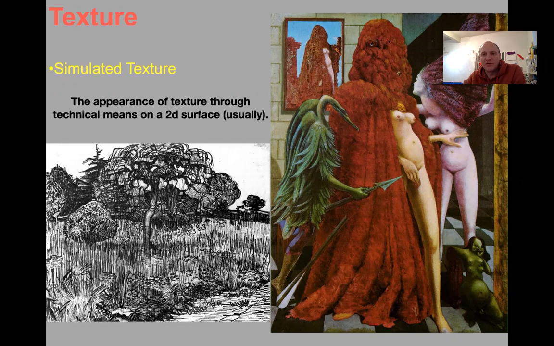So on the right, where we can see this feather coat or fur coat or whatever, it's a depiction of texture. It's simulated. So we know we can't touch it, but we can see that it's supposed to be texture.